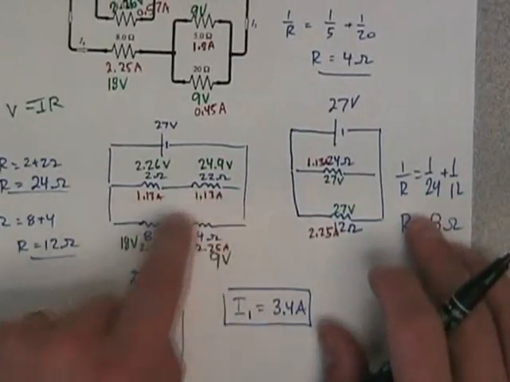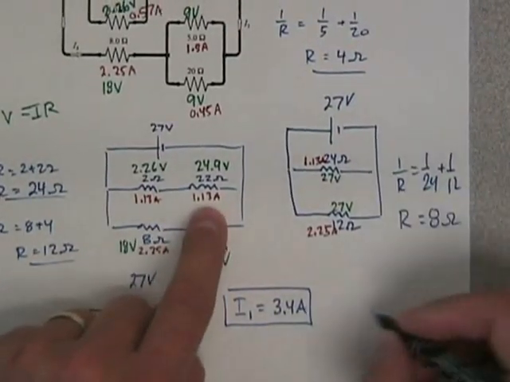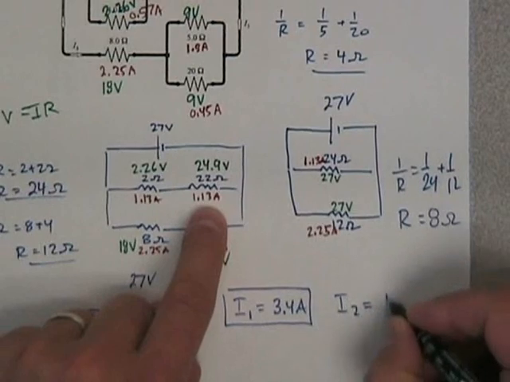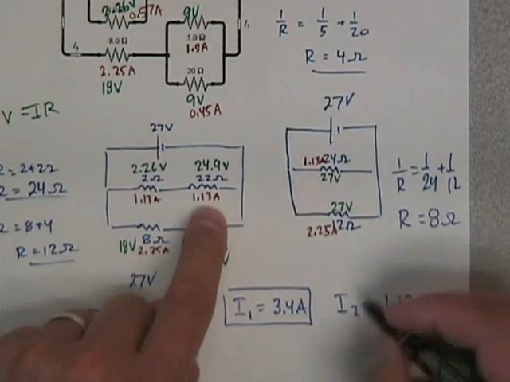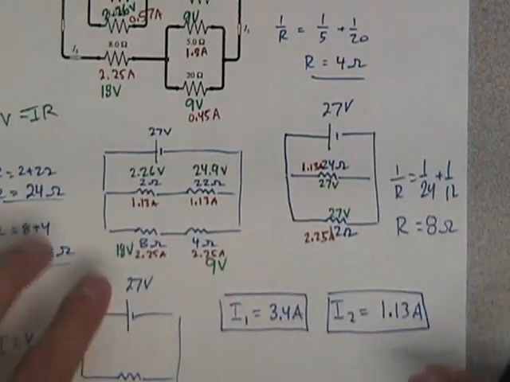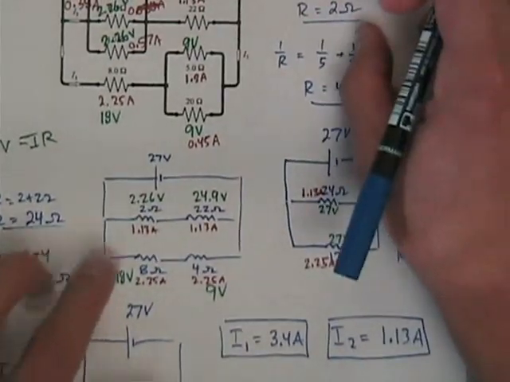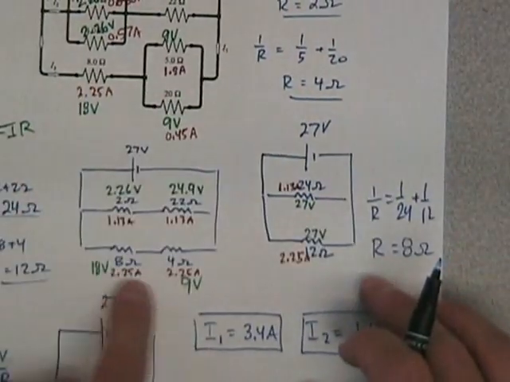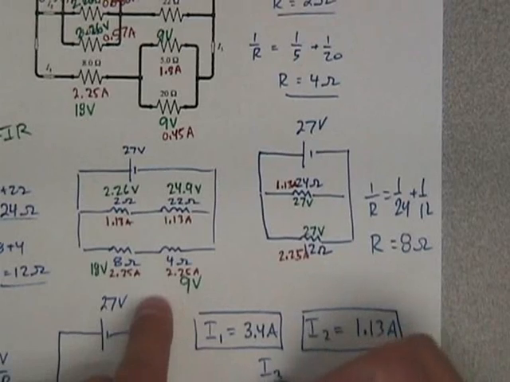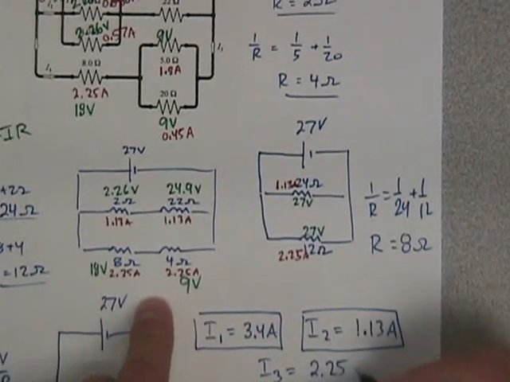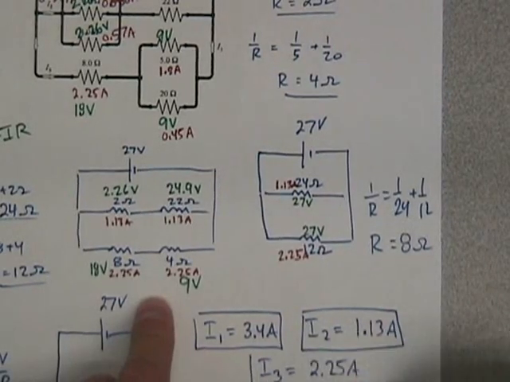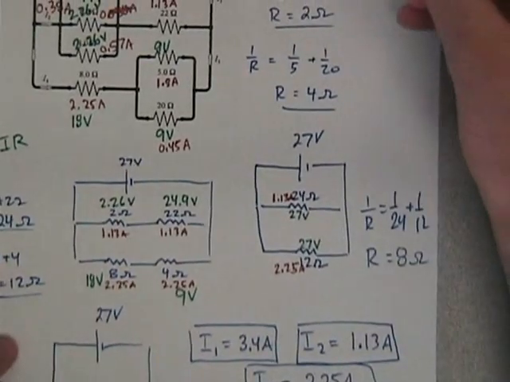I go back to my middle bit, 1.13, 1.13. So I2, 1.13 of an amp. And I3, which is the bottom, 2.25 of an amp. So there you go. Those are the three currents.